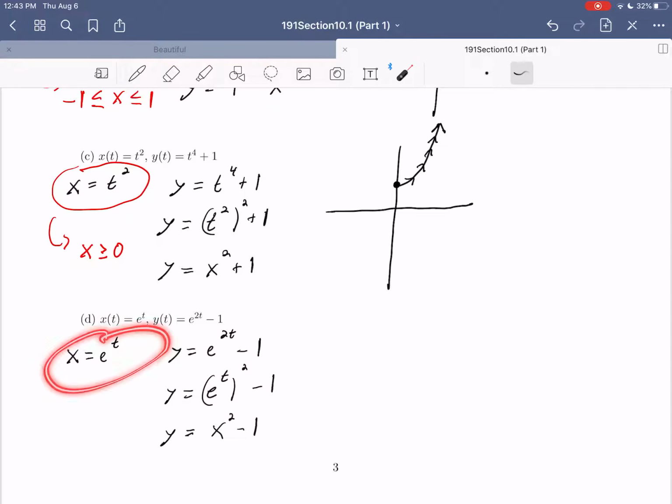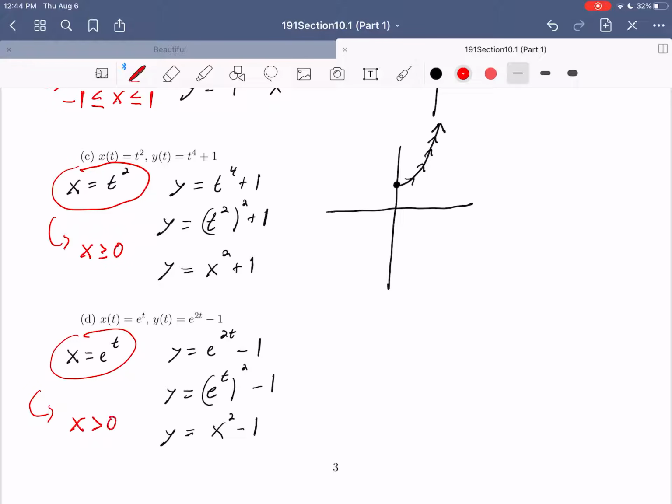What about this, though? What does this do to our domain? Well, x being equal to e to the t, e to the t is always returning a positive value. So this means x will be exclusively greater than 0. And keep in mind, it can't be equal to 0 because there's no value where e to that value gives you 0.